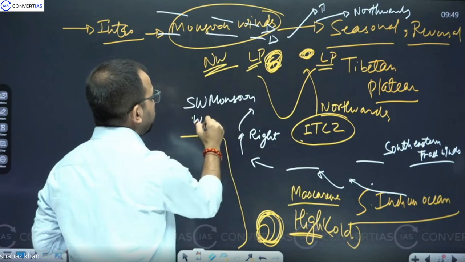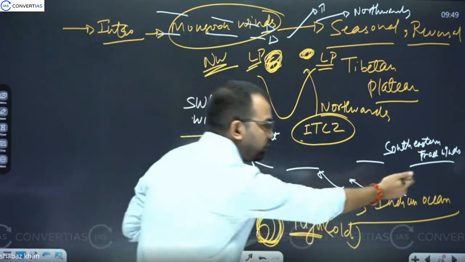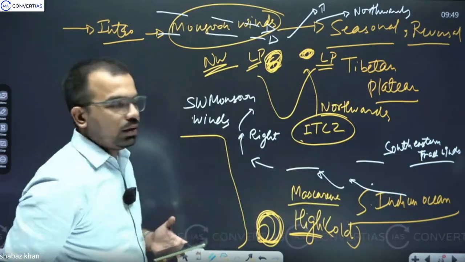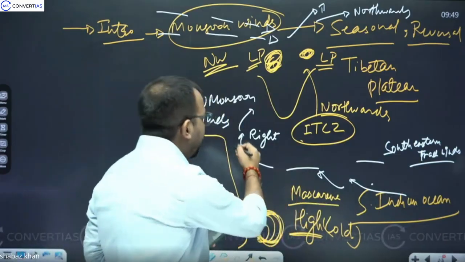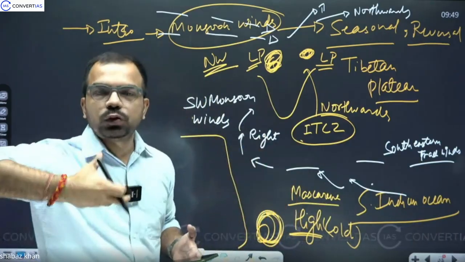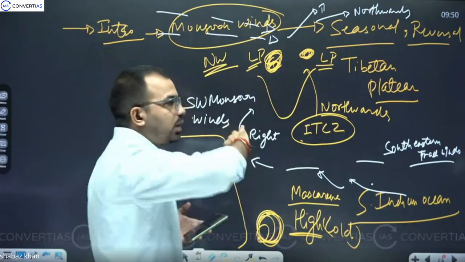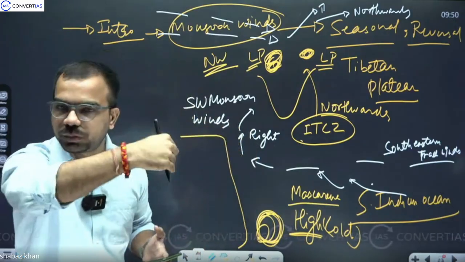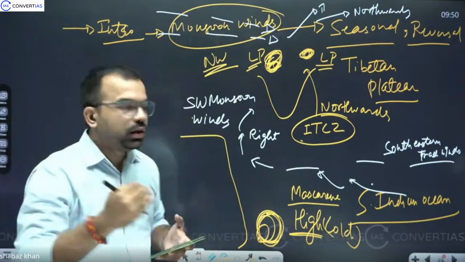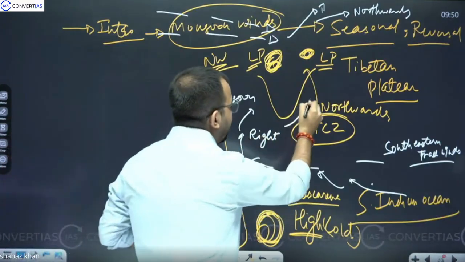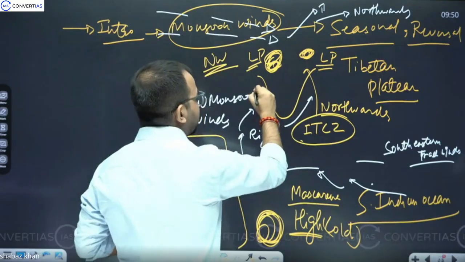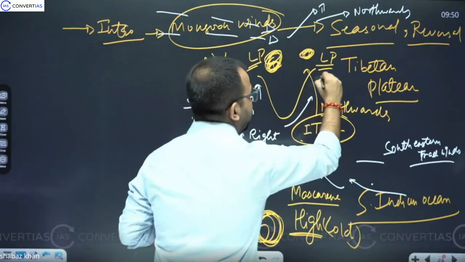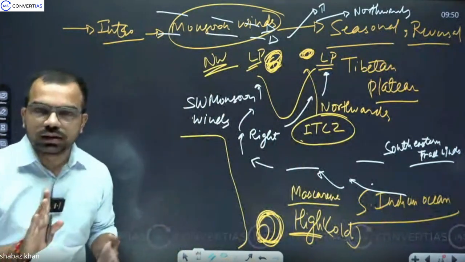I'm again going to repeat myself. The southeastern trade winds are coming. Now they are going to be attracted by the Coriolis force towards the equator. They cross the equator, move rightwards due to the Coriolis force because it continues to attract them, and over India get divided into two branches, moving towards the low pressure. Do you understand this?